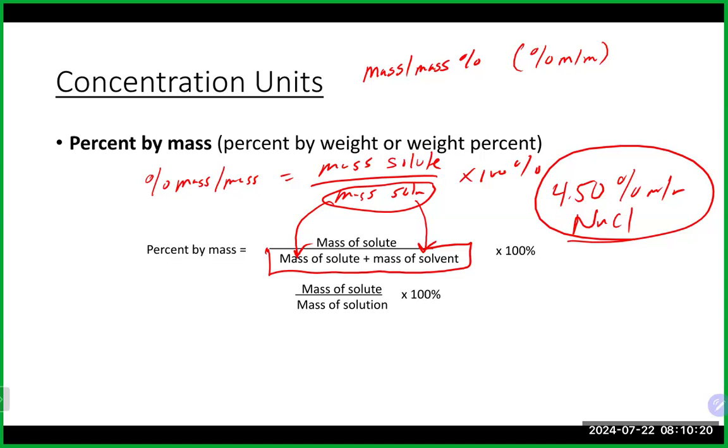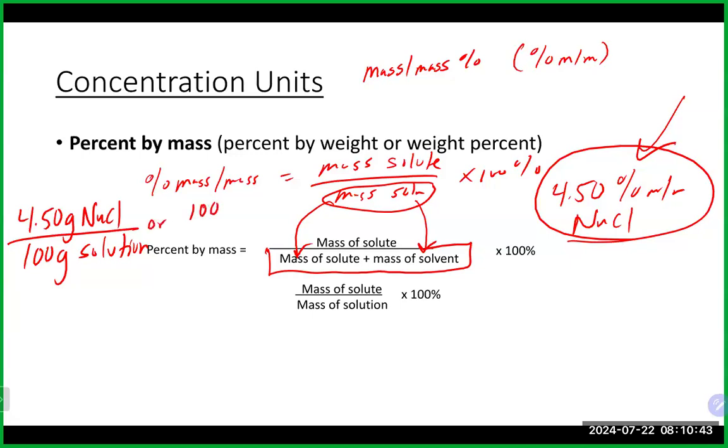So if you had 4.5% by mass sodium chloride, that would mean you would have 4.5 grams of sodium chloride in 100 grams of solution. That's a nice conversion factor that you could turn this percentage into and use in a dimensional analysis problem. You could also flip it around and use it the opposite way: in 100 grams of solution, you would have 4.5 grams of sodium chloride.